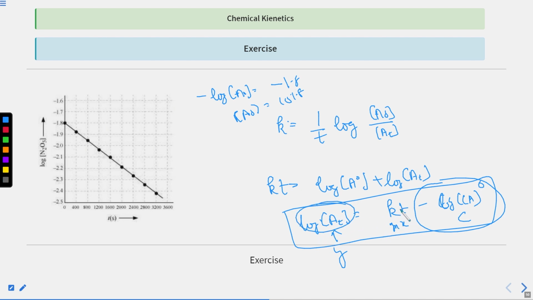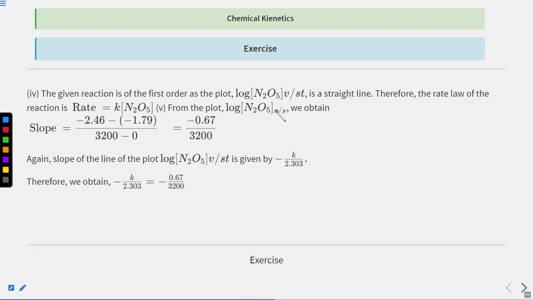Now we will take any arbitrary time and take the concentration at that time, and we calculate k from here. So first of all, the rate law is this, since it is a first order reaction. Then we can find the slope in this way also. The slope of the line is given by minus k by 2.303.